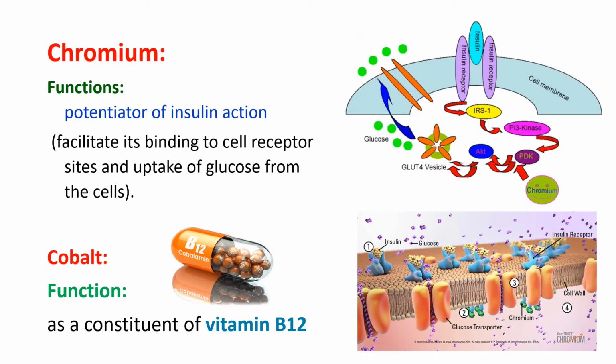Lastly, chromium and cobalt. Chromium is an important potentiator of insulin action. We have already mentioned that zinc is important for insulin storage and release, and now the second mineral related to insulin is chromium. Chromium is a potentiator of insulin action. It facilitates the binding of insulin to its cell receptor and the uptake of glucose.